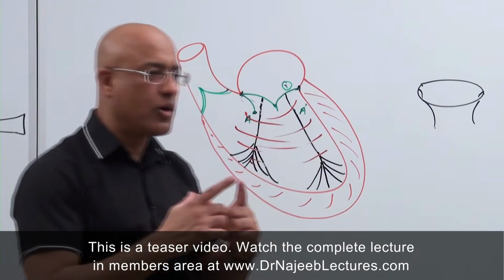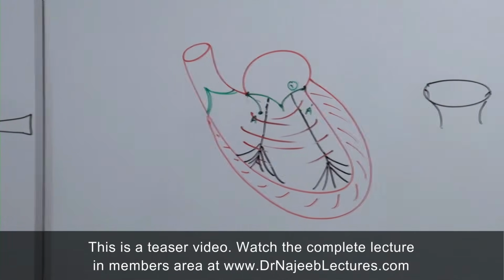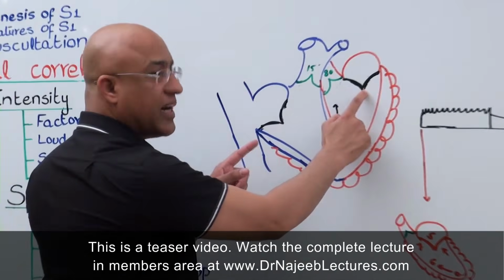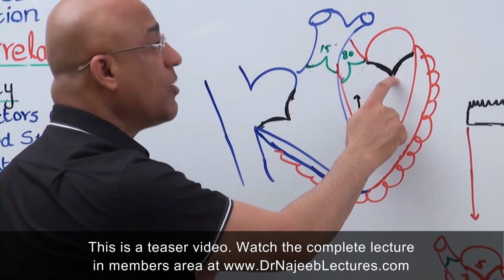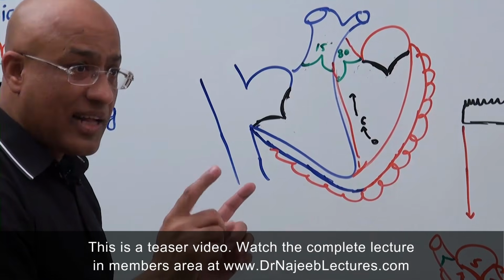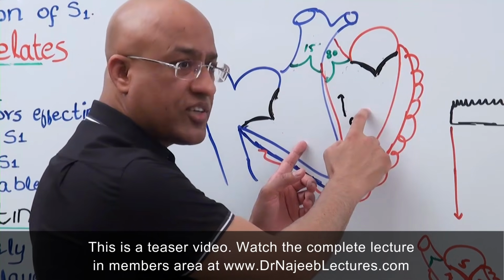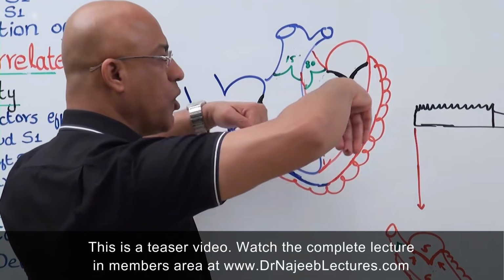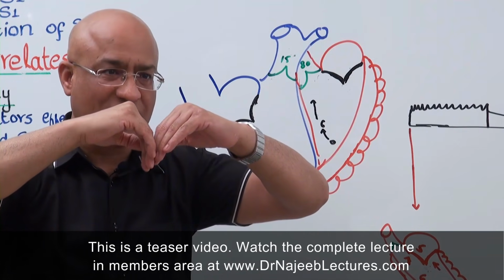Now listen, the first heart sound represents the closure of the mitral and tricuspid valves. How does it occur? When ventricular systole starts, intraventricular pressure starts rising, and it pushes these AV valves from the open position to the closed position.